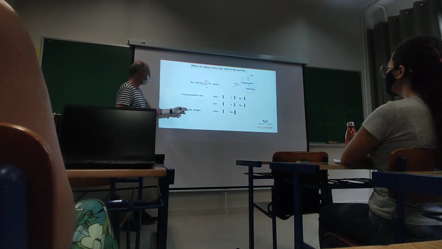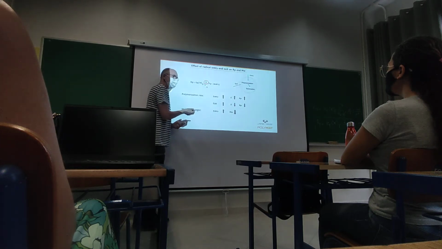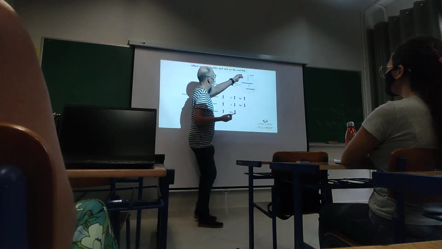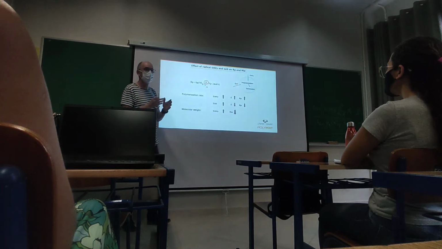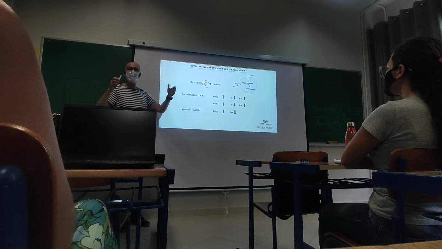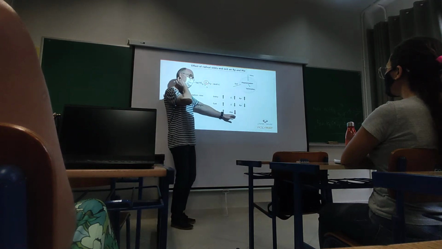With respect to the molar masses, if the frequency of entry increases, there will be more termination, and therefore the chains will be shorter. This is what we were speaking about yesterday. If radicals enter at a higher frequency, they will terminate, and the radical will have less time to grow, so molecular weights decrease.